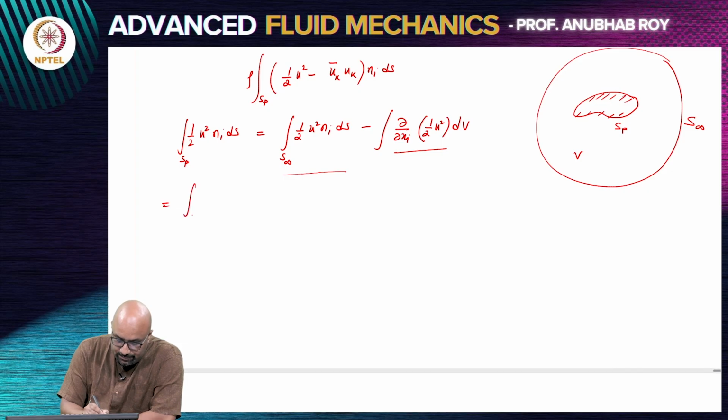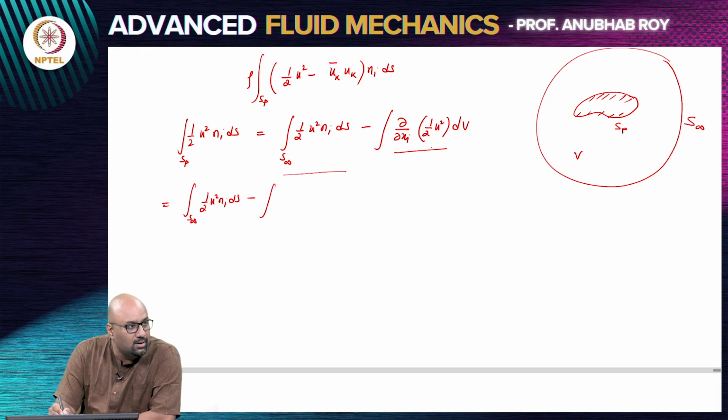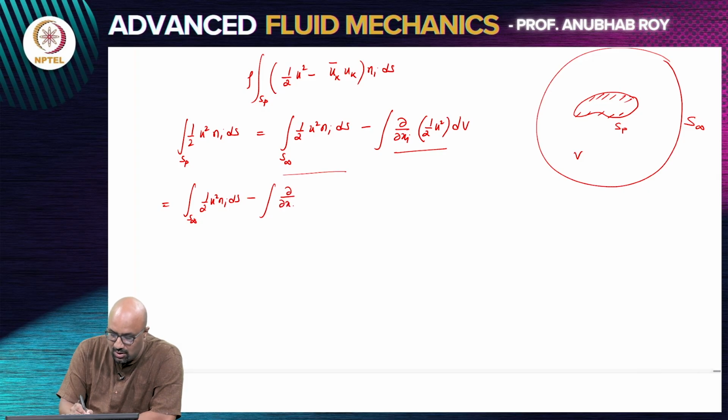So now let us work with the volume integral for some time. If you remember, dou xi of half u square, we have actually looked at this when we did tensors, because dou xi of half u square can also be written as dou xj of ui uj dv.